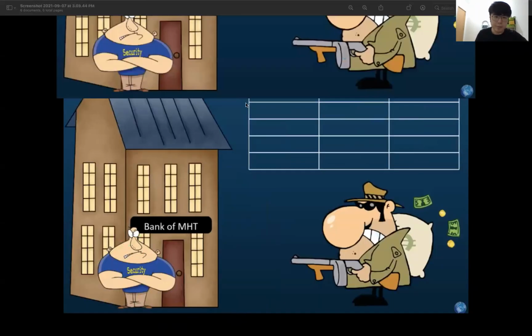Okay, let's look at the types of logic gate. The first gate is the AND gate. AND gate, you have to write it all in capitals. What is the AND gate? The AND gate looks like this.